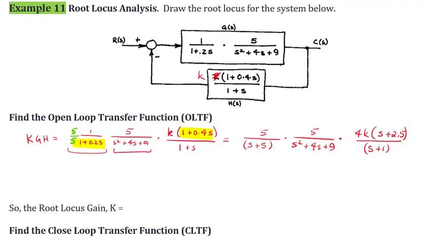And it's very easy now to see the poles and zeros. We see a pole at -5, we see a pole at -1, we see a zero at -2.5, and this is going to have a complex number associated with it, and we'll figure that out shortly.